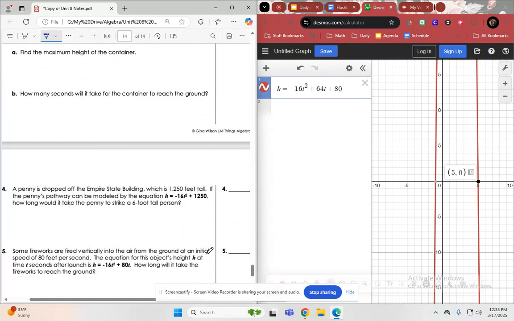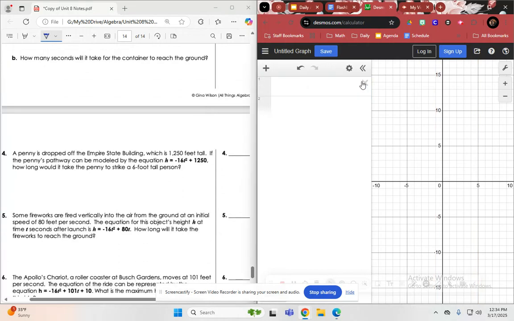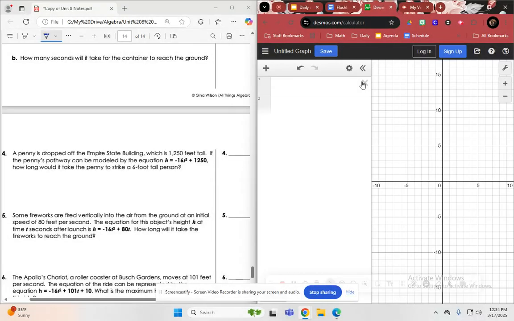Let's go ahead and look at number 4. So a penny is dropped off the Empire State Building, which is 1,250 feet tall. If the penny's pathway can be modeled by the equation h equals -16t squared plus 1,250, how long would it take the penny to strike a 6-foot tall person?